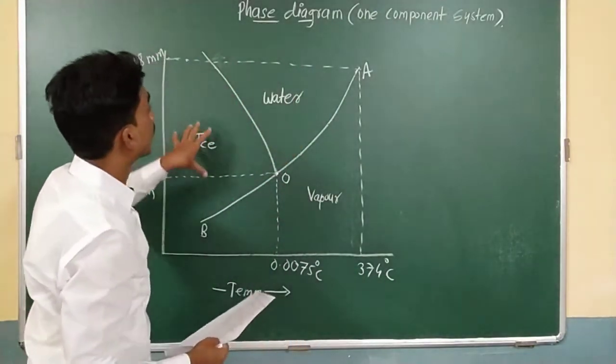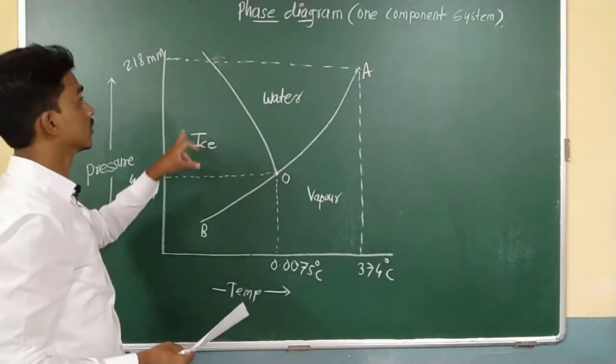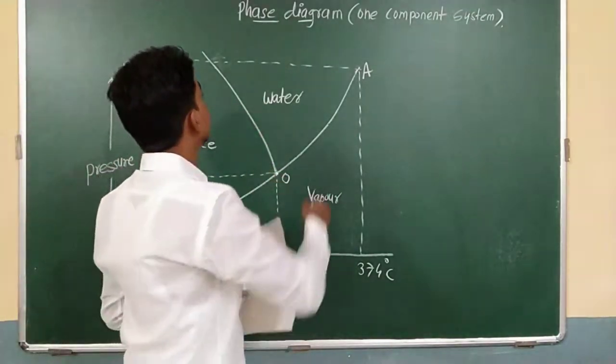This is the graph of pressure against temperature. It is plotted, and it is known as the phase diagram.